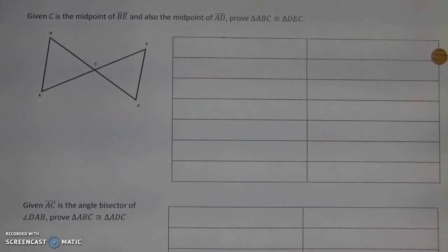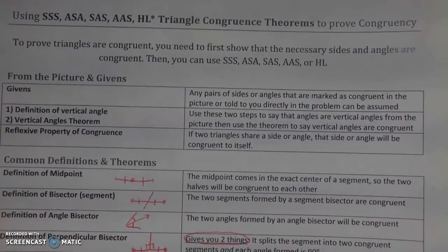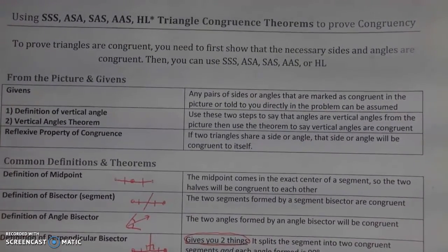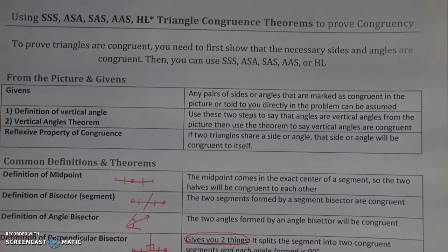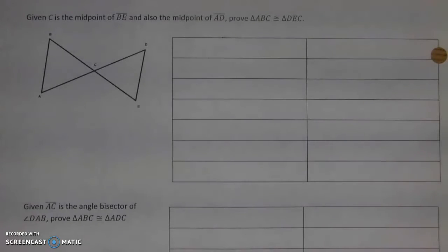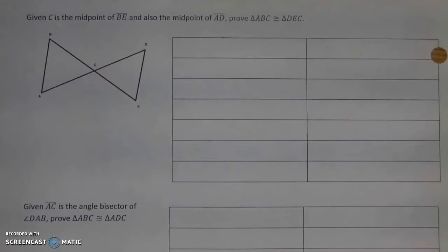And the third thing to do is always check your theorem sheet for things that you can assume, like maybe you missed one of the vertical angles or the reflexive property, and also for definitions that you tend to overlook, like midpoint, bisector, angle bisector. So again, don't be afraid to take some time to prove it to yourself. Second, look over your givens. And third, look for those theorems that we sometimes forget about, like vertical angles and reflexive property.